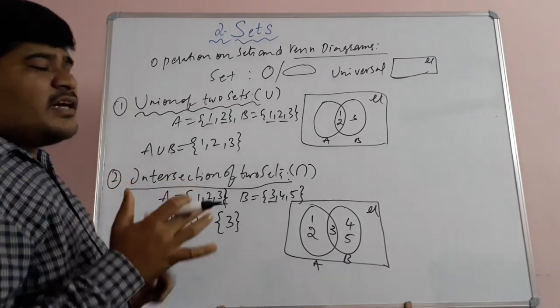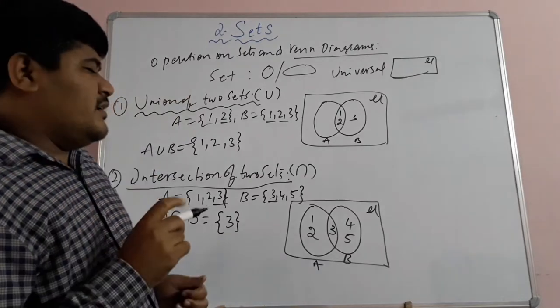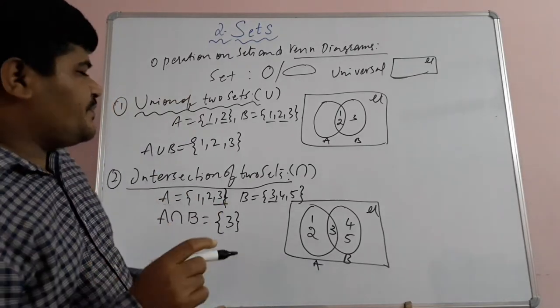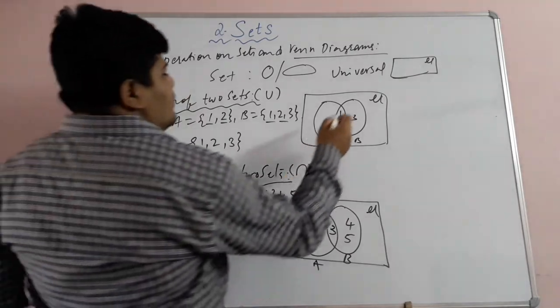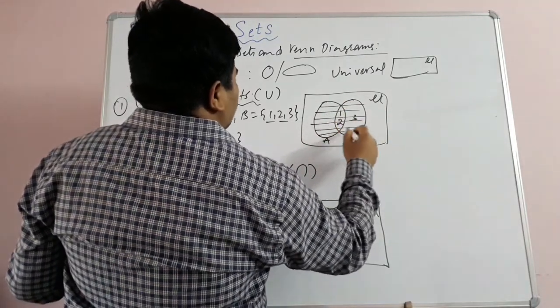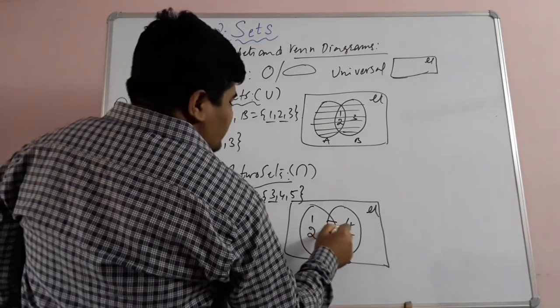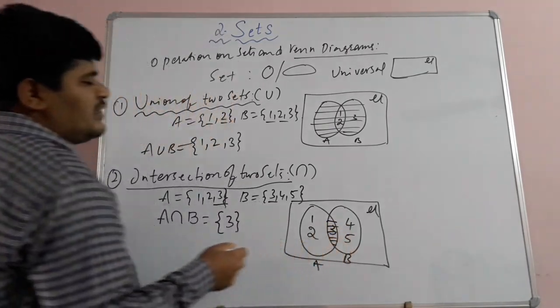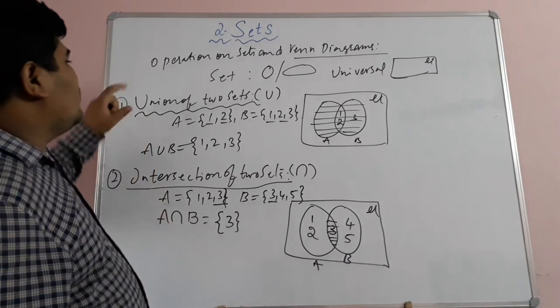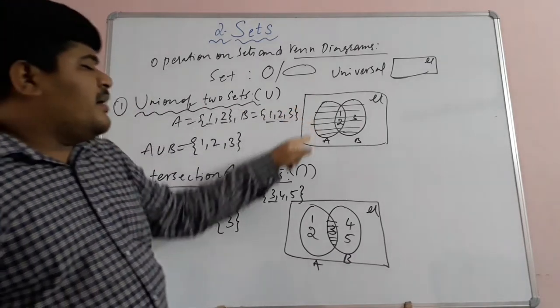These operations can be represented with dashed lines, or you can shade them, children. A union B means this full part, and A intersection B means only the common part, which should be shaded. So this is the way to show union and intersection of two sets with Venn diagrams.